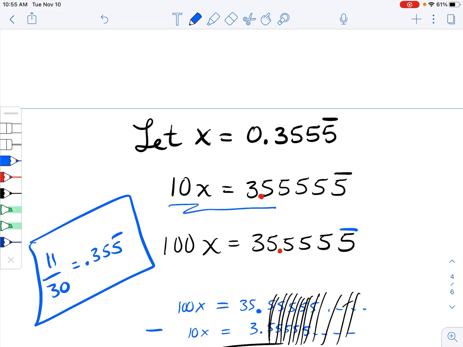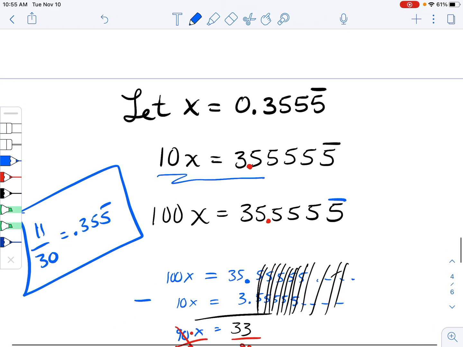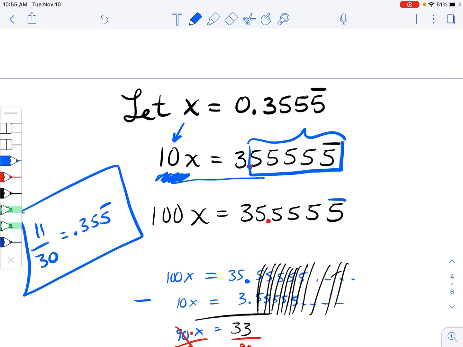And so the trick for converting something is, you need to multiply it by enough powers of 10 to just isolate the repeating part on the other side of the decimal. Then take the next higher power of 10 that will allow you to go through one of the repeating cycles.